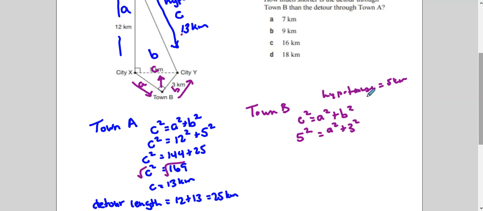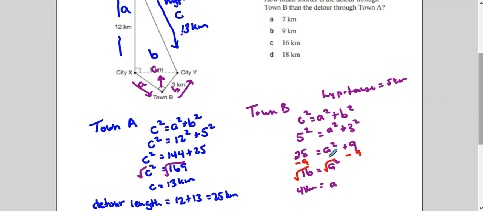Okay, so I'm going to push pause again and see what you can do to solve for A now. So hopefully when you did that, you squared 5 and squared 3. But the only difference between the blue and the purple here is I gotta bring the value away from the letter that I'm trying to solve.